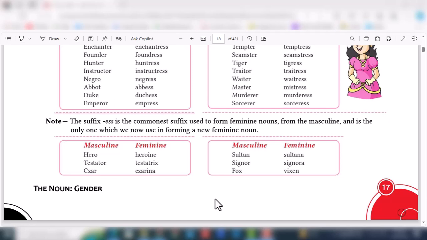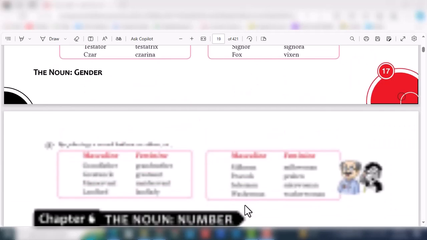So there are the functions of suffixes, like hero, heroine, and here is the RIX addition, like sultan, sultana. And in Urdu we can say Faiz, Faiza, and Naseem, Nasima. So there are some in Urdu and English, masculine and feminine, changing into each other.